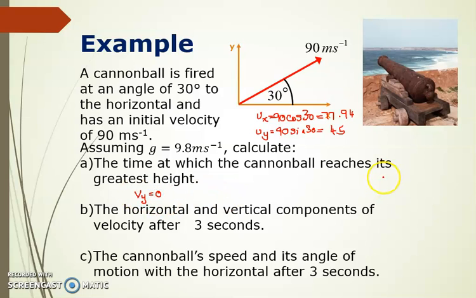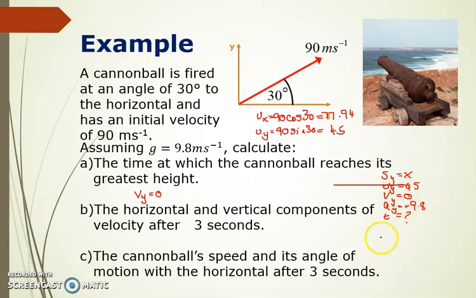So if that's the case, well, I might as well do suvat again in the y direction. And it reaches its greatest height. It doesn't care what that height is, so vy is 0. ay is minus 9.8. The uy was 45. And as I say, I don't care what that one is. I want the time instead.